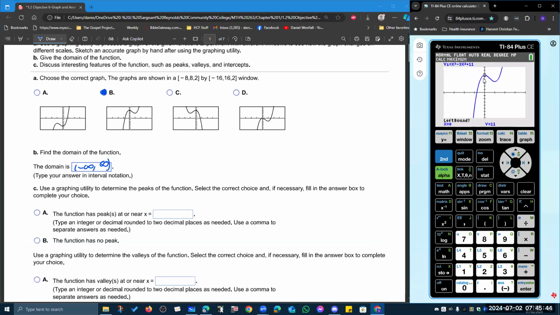We're looking for this point right up here. It's a high point, so I'm going to cut an interval out from left to right that contains it and get kind of close to it to guess. And we have a function that has a peak near x equals 0.